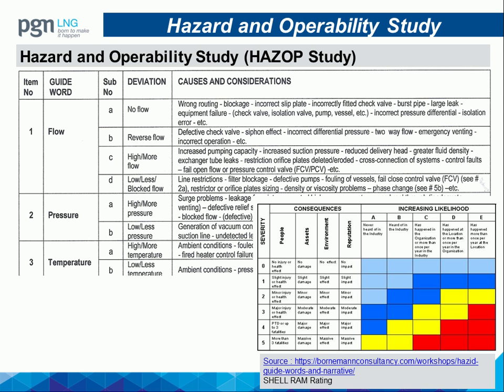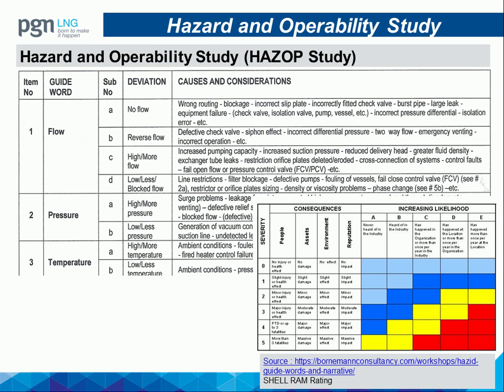I also show you the RAM rating. I got it from Shell in this case. Basically, it shows what kind of severity or consequences if something happens.